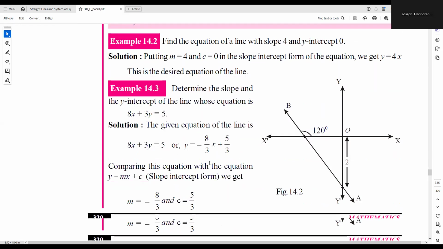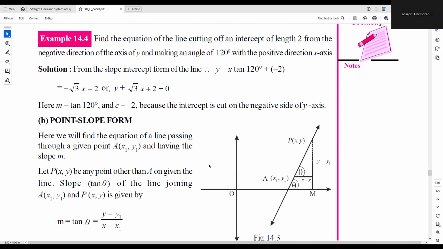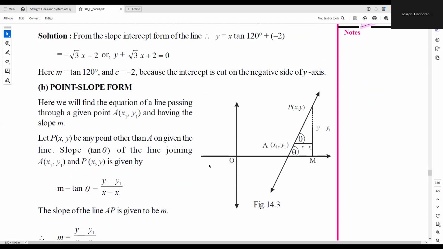We now move on to the next form, which is called the point slope form. The point slope form has this form. You are given one point on the straight line, and its slope, tan theta, which is denoted by small m.